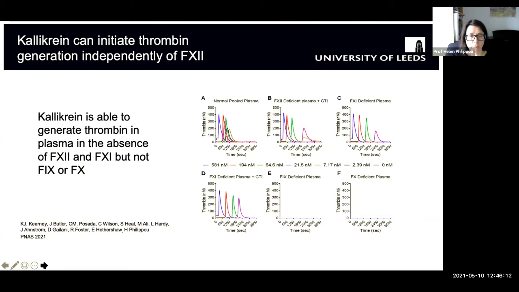What you see below is that there was delayed kallikrein generation in factor 9 deficient plasma, and this didn't happen at all in factor 10 or factor 9 deficient plasma when CTI was added. Next slide, please.